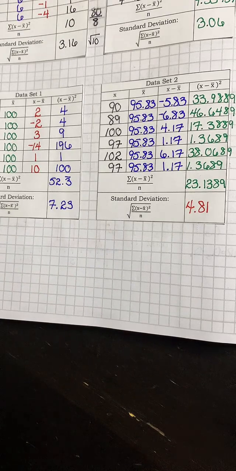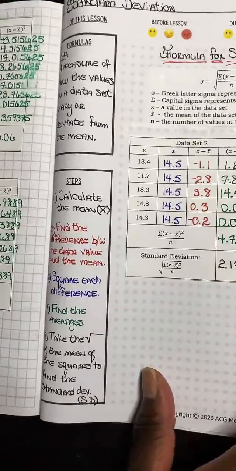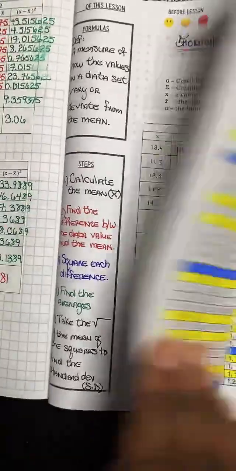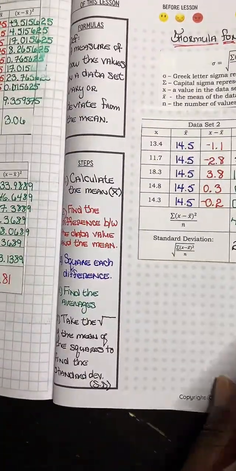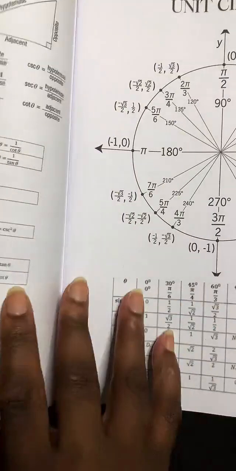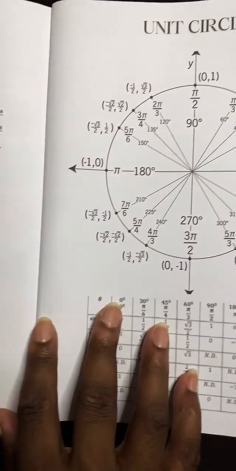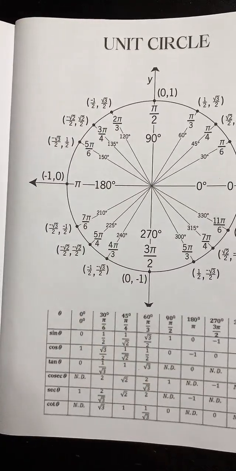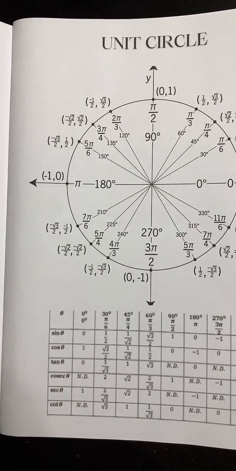From memory, it's just practice, period, to be honest with you. It's literally practice. And for me, I think once you get a handle on your unit circle. Are you talking about the breakdown unit circle?